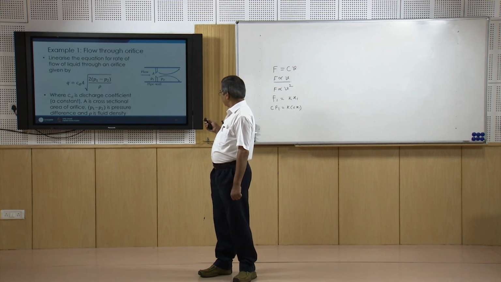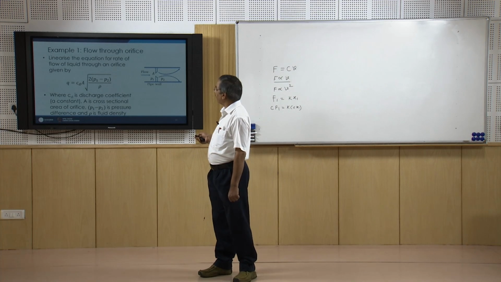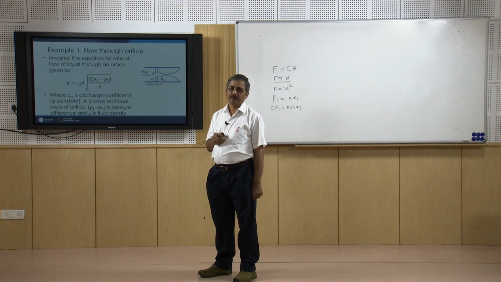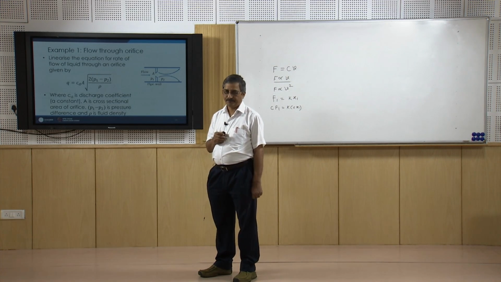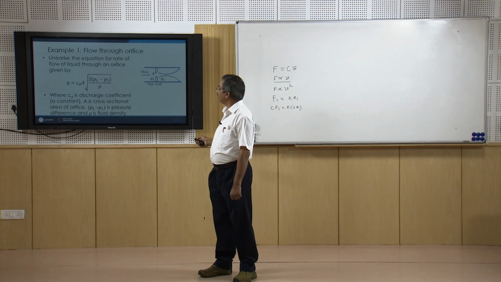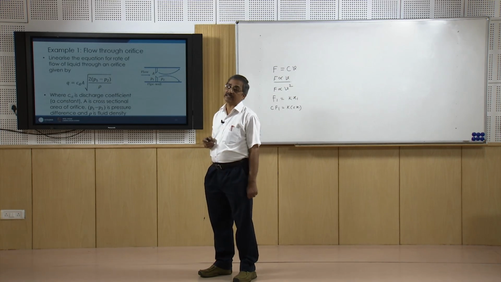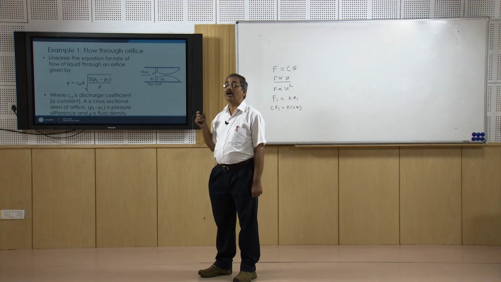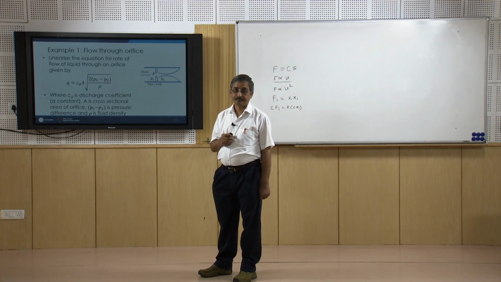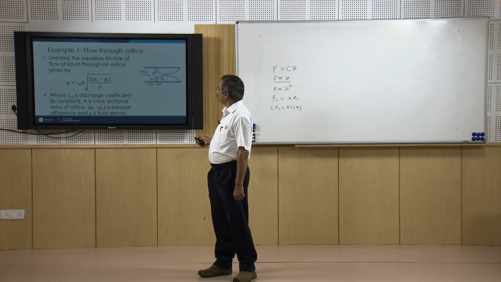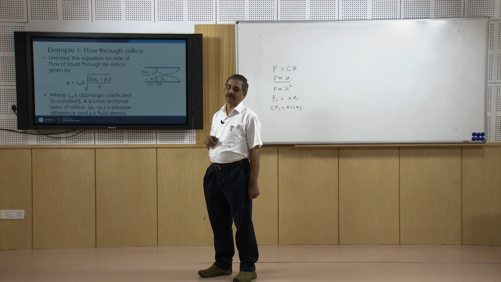Now, you can see that this equation is a nonlinear equation. Why nonlinear? Because this equation involves the square root of the P1 minus P2 term. This equation is not linear because you cannot apply the principle of superposition here. So, our job is to linearize this equation.